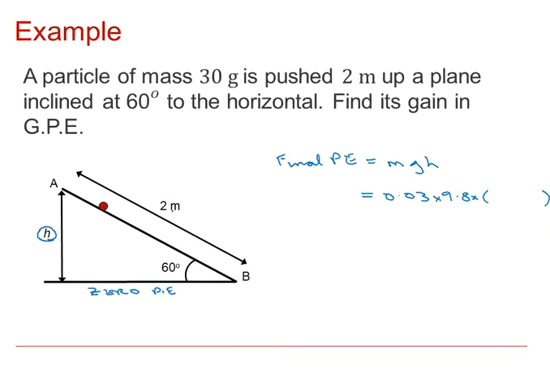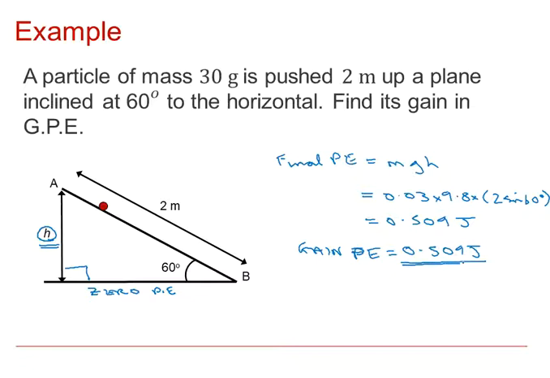So although it's travelled 2 meters of distance, its height gained is h, and we can get h from the diagram by doing some trigonometry as 2 sine 60 degrees. So the final potential energy is 0.509 joules, and therefore the gain, it started with 0 and it's ended up with 0.509, so the gain in potential energy is 0.509 joules of potential energy gained.